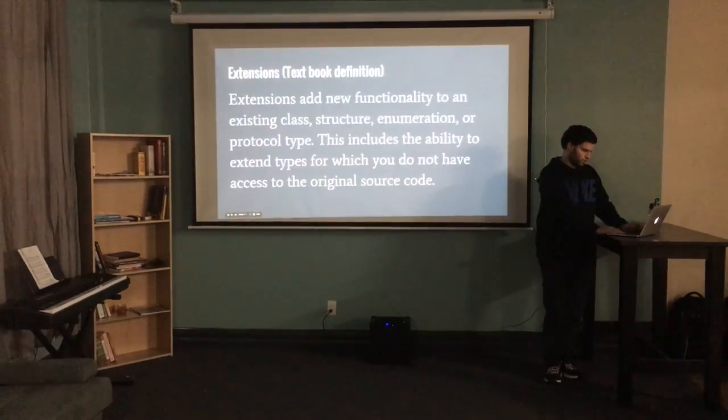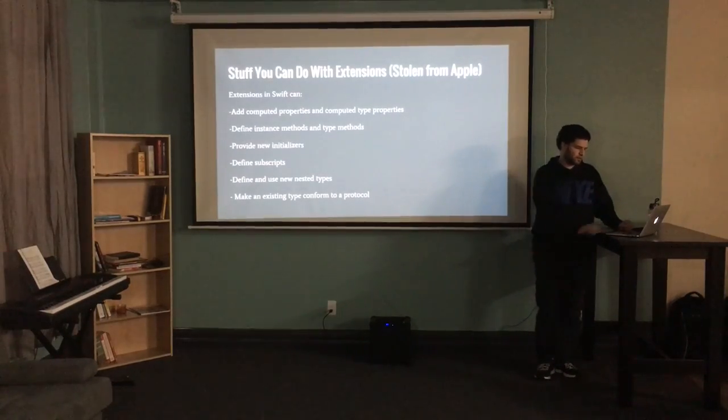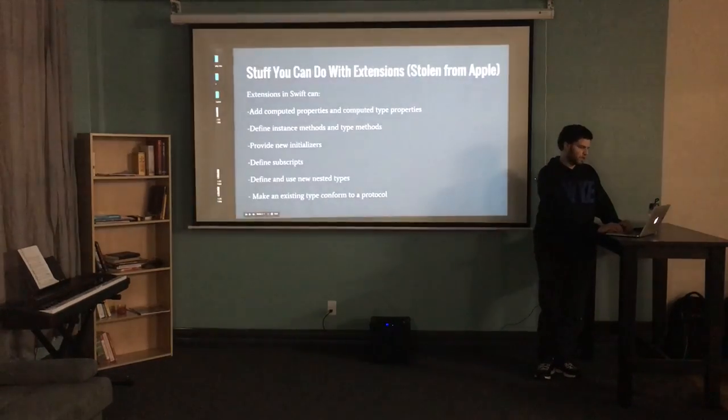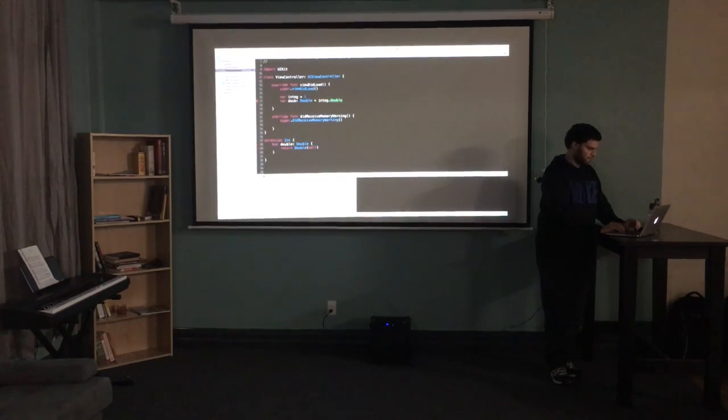Okay, so stuff you can do with extensions. You can add computed properties and computed type properties. This is a computed property, essentially. Computed type properties are a little different. You just use static or class, depending on whether it's a class or struct.